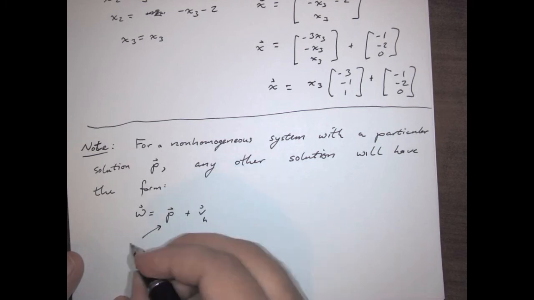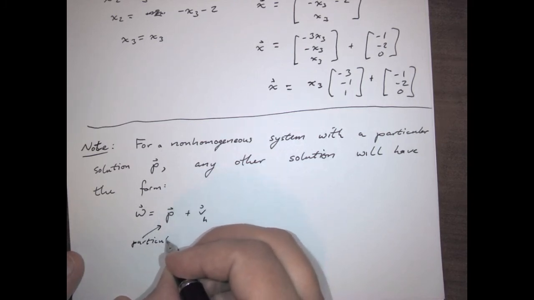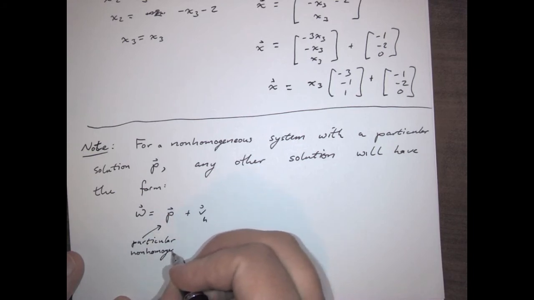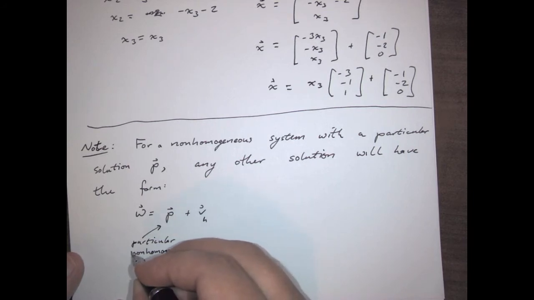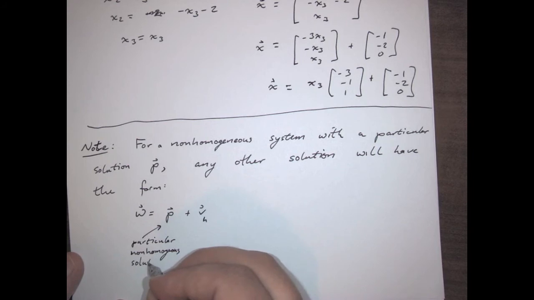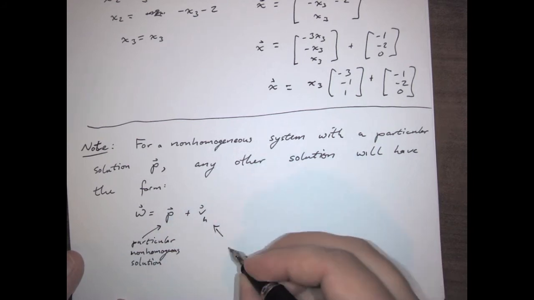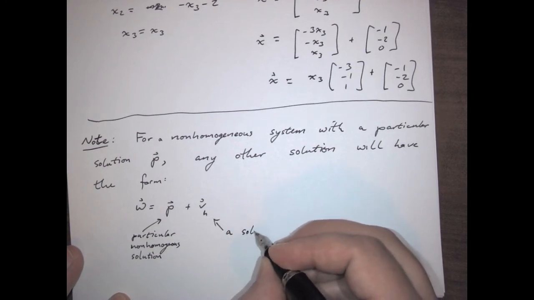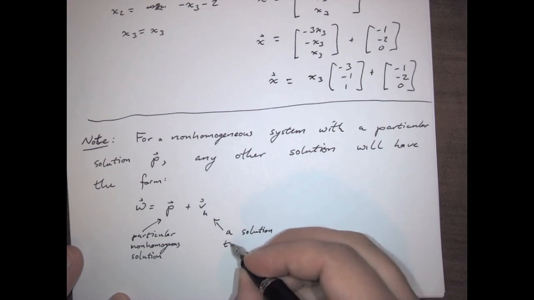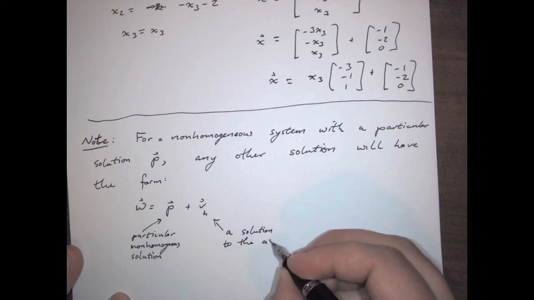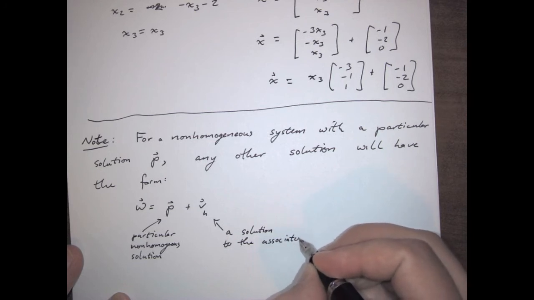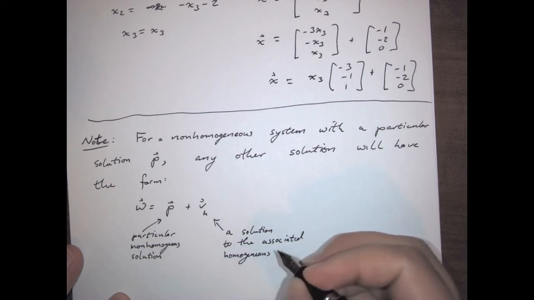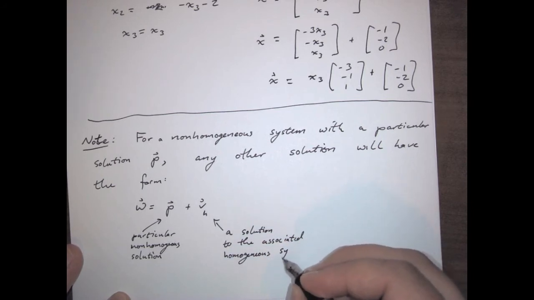So this is the particular non-homogeneous solution. And then here, this one represents a solution to the associated homogeneous system.